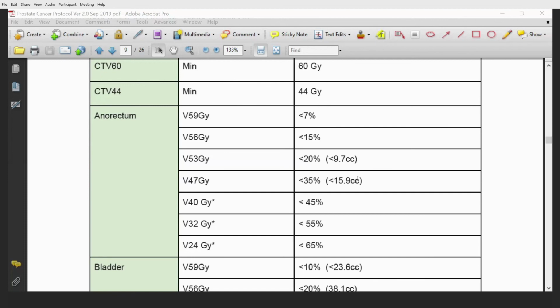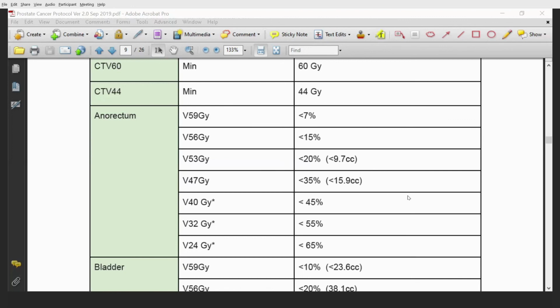So you will see, interestingly, that there are some percentage or relative volume constraints and some absolute volume constraints. My colleague, Dr. Moses Arun Singh, and I did a study quite a few years back where we looked at acute toxicity correlates, and we found that the absolute volumes were better predictors of acute toxicity than relative volume.